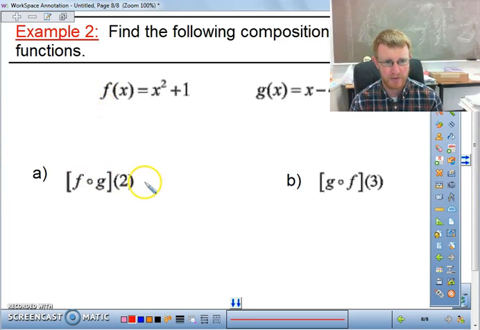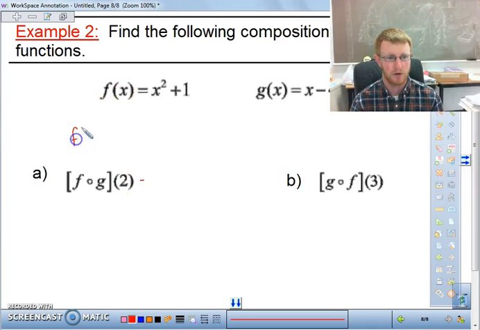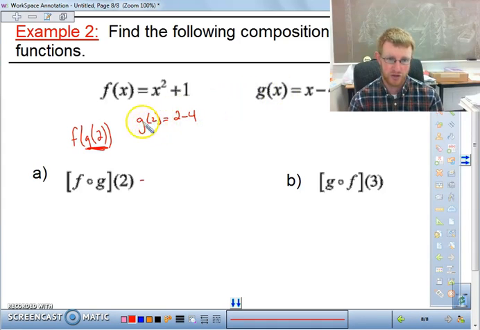Because if you understand that this is just simply equal to f of g of 2, then we can first figure out what g of 2 is. G of 2, plugging in our 2, we get 2 minus 4. That's all g of 2 means, plug 2 in for x. So 2 minus 4 is equal to negative 2.